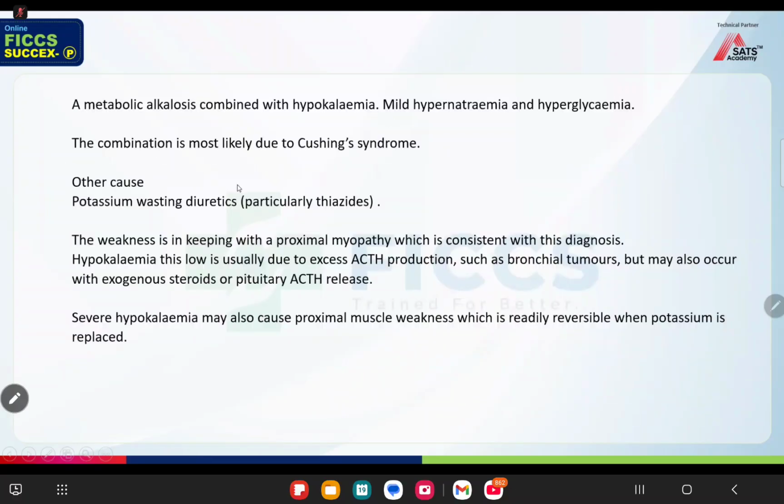But other causes, as you mentioned, diuretics, potassium wasting diuretics, loop diuretics can also lead to that, and thiazides could also be a possibility. So weakness is in keeping with proximal myopathy in hypokalemia. Hypokalemia this low is due to excess ACTH production, which can also happen with bronchial tumors, but also with exogenous steroid that you mentioned, or pituitary ACTH release.